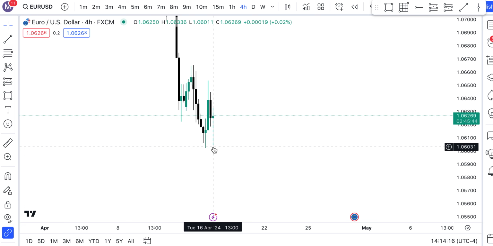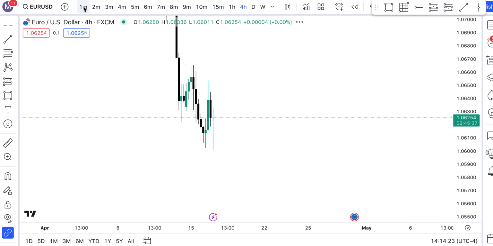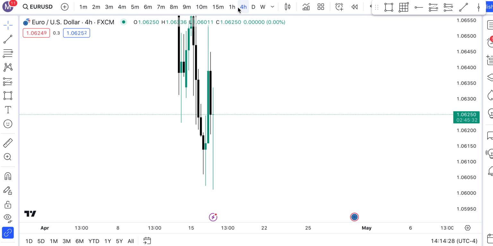So where is there going to be more liquidity under the low that's had 8 hours to gather stop losses, or 8 minutes? Of course, the 8 hours.